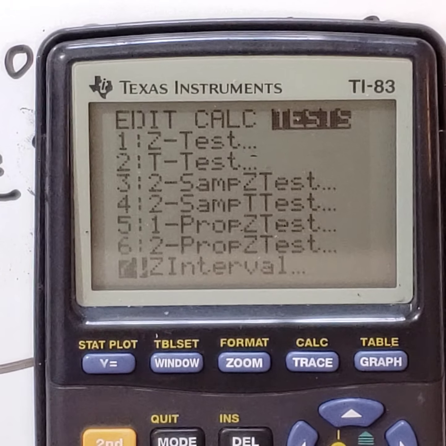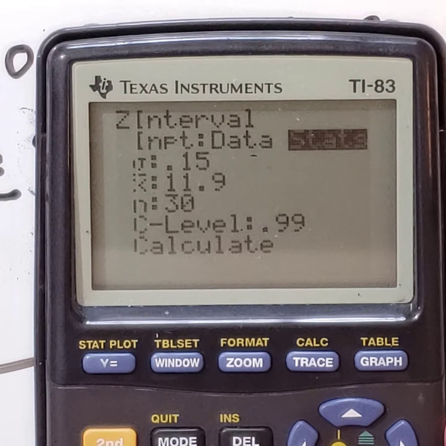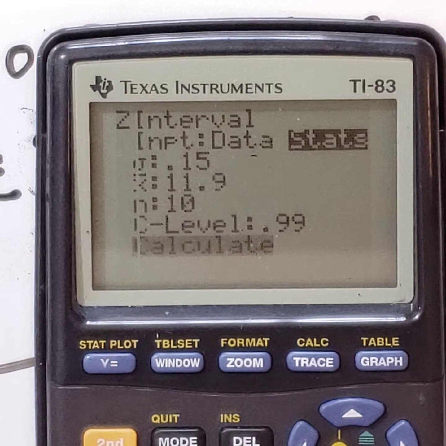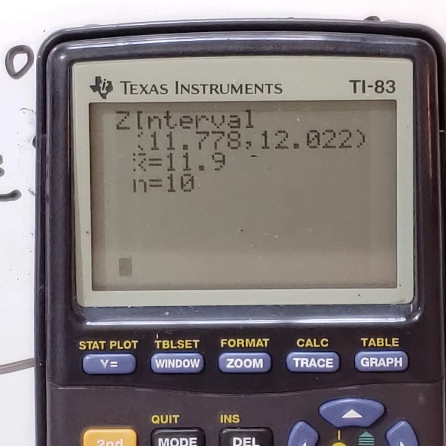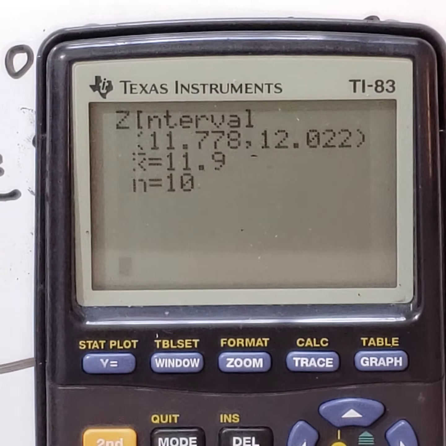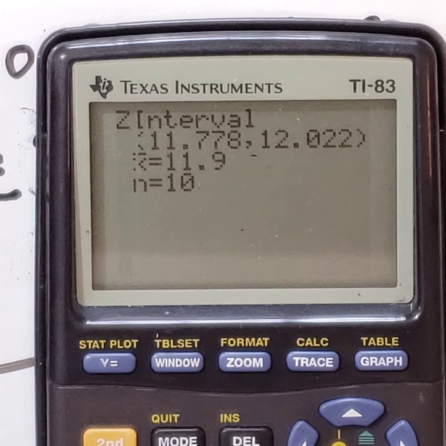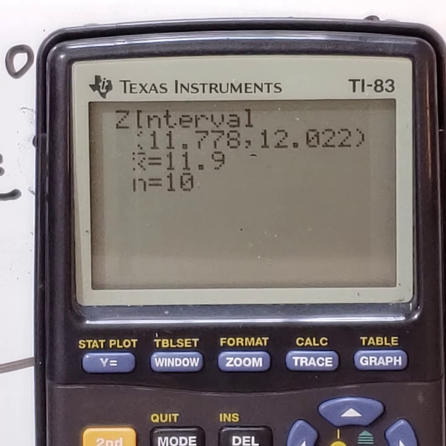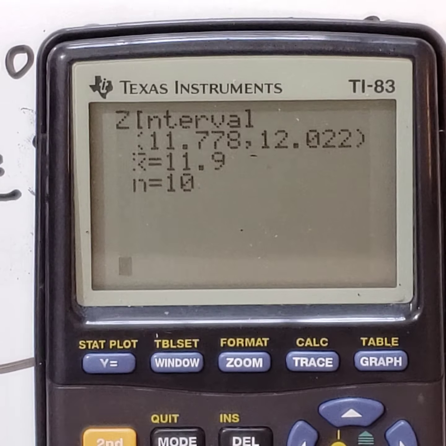And we've still got our 0.15. We still got our 11.9. This time we're changing n to 10. That's the only change we're making. So we can calculate that. And we get 11.8 to 12, basically 12.02. So 11.8 to 12.